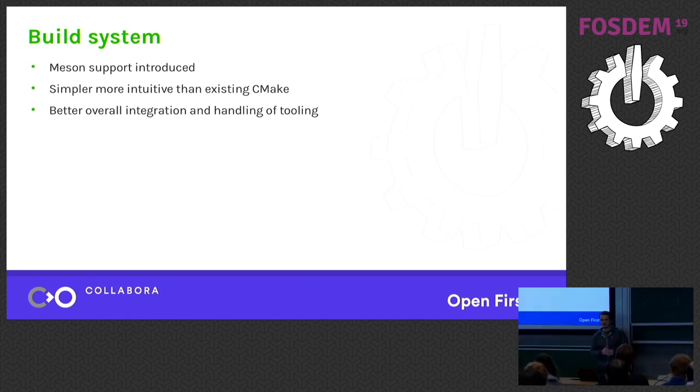Cleaner syntax, perhaps some will disagree, but that's how I see it. Additionally, it has a fairly active community, and they are quite proactive in improving not only usability but also handling of tooling. So, for example, if you want to build with various analyzers, address sanitizer, and so on, there are handy shortcuts for that.